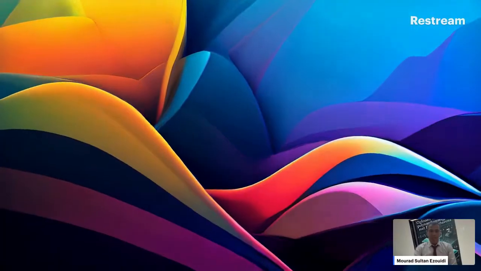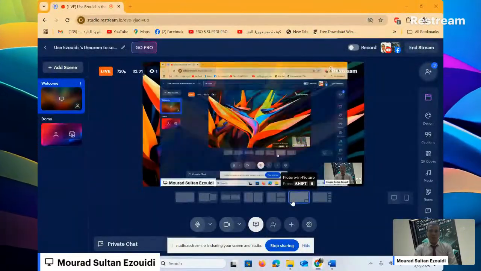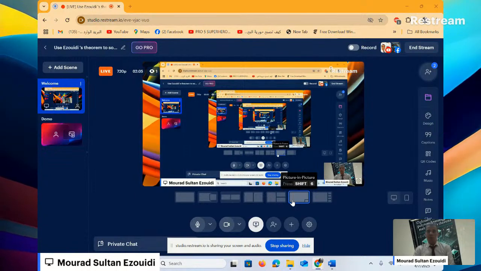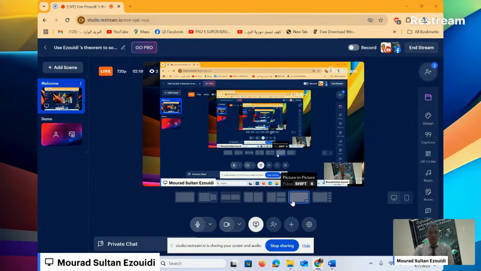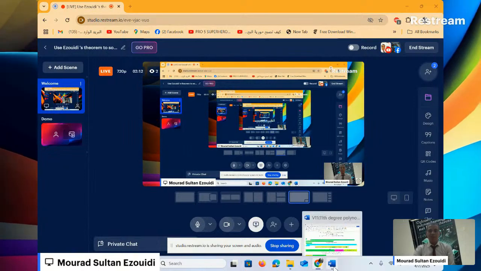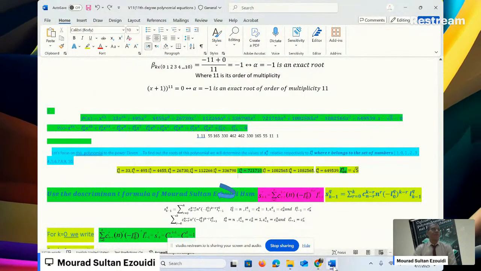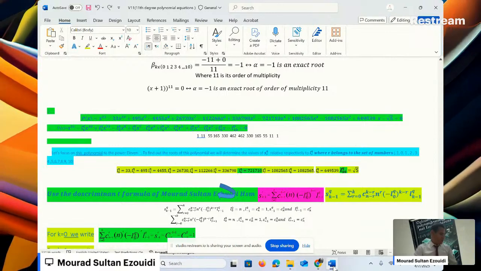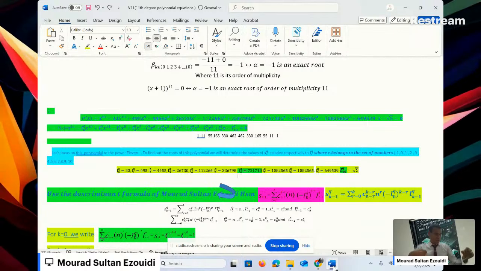So today we will learn from Mr. Sultan Ezouidi how you can solve a high-degree equation using the Ezouidi theorem. So let's start. This is our 1 to the power 11. I will use this system. I will use this one.